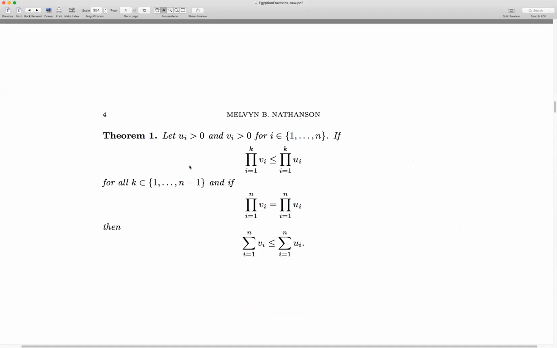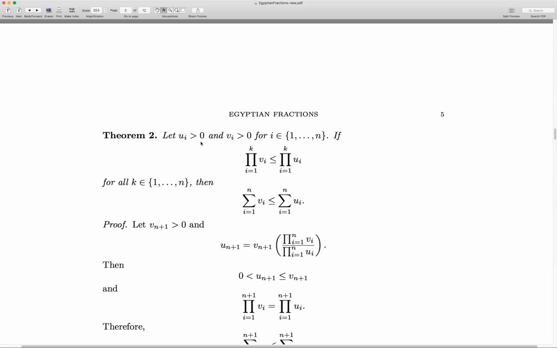I'm using this inequality. If you take n positive numbers u_1 up to u_n, and n positive numbers v_1 up to v_n, and if the partial product of the first k v's is always less than or equal to the partial product of the first k u's, then the sum of the v's is less than or equal to the sum of the u's.